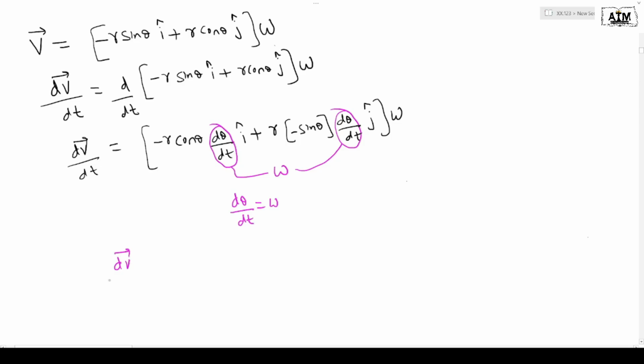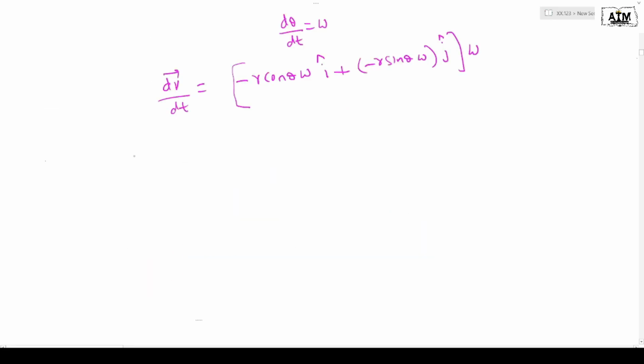Therefore dv by dt equals minus R cos theta omega multiplied by i cap plus minus R sin theta omega multiplied by j cap, and outside the omega is already present. Now dv by dt is nothing but acceleration.